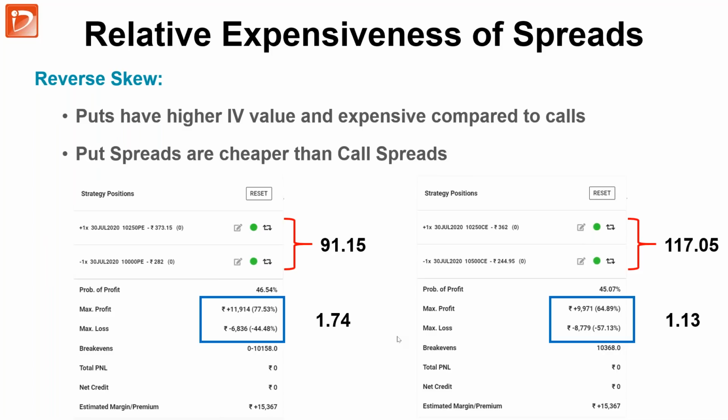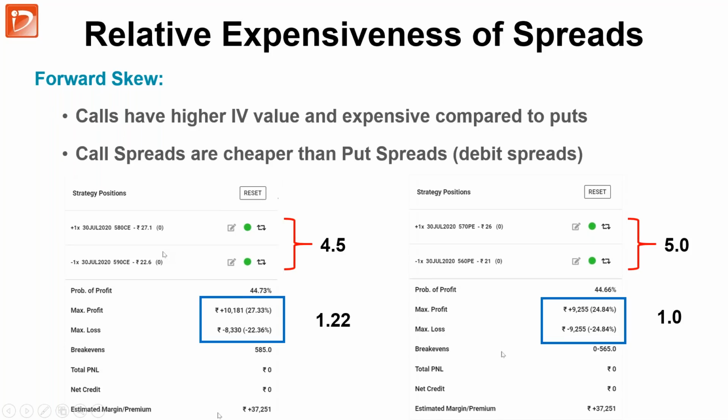This is what reverse skew tells us: the call spreads are more expensive than the put spreads. Similarly, forward skew tells us that the calls have higher IV compared to puts, and call spreads will be cheaper than put spreads.